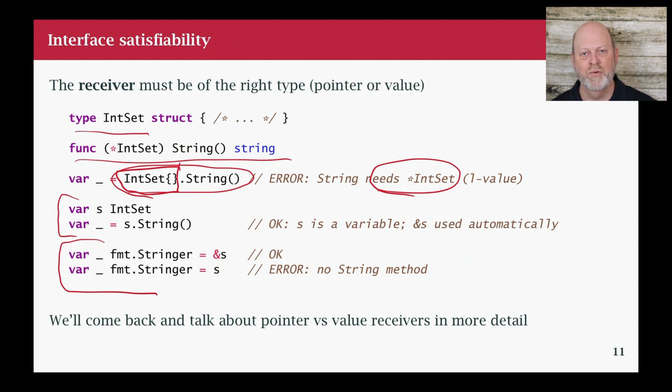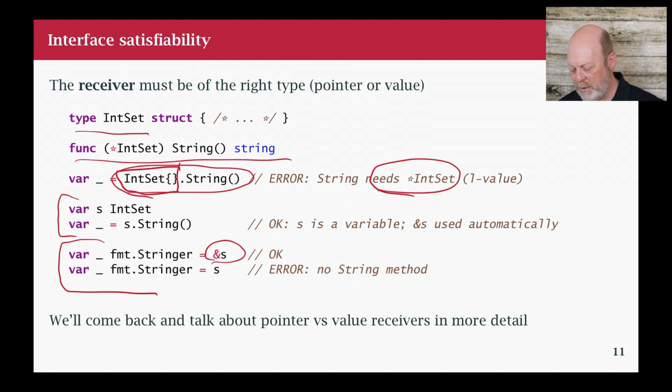But we define the String method to work on a pointer receiver. So in order to make this assignment work, I have to take the address of s, so I have a pointer to something. I have to have the actual address of the object in order to make fmt.Stringer happy.